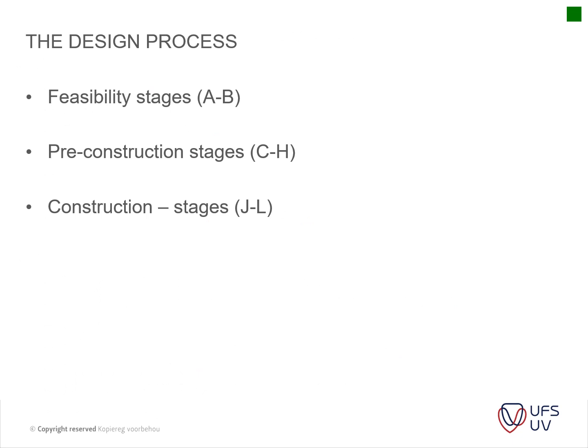Then we look at a design process. Our design process can usually be divided into 3 main areas. You will notice that these parameters, the feasibility stage, the pre-construction stage, and your construction stage, are basically a summary of the 6 stages that we use.